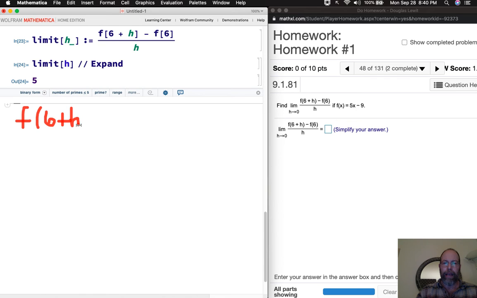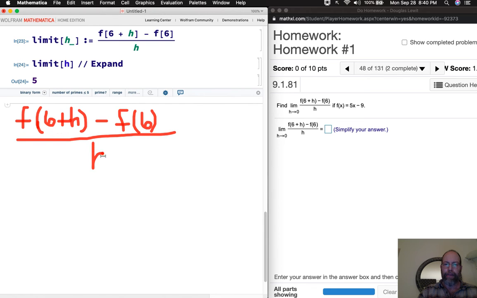6 plus h, just bear with me, be patient, guys. There we go. Minus f of 6 divided by h is equal to, now what is f?